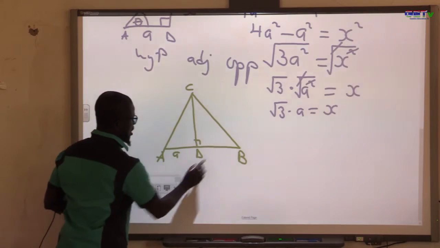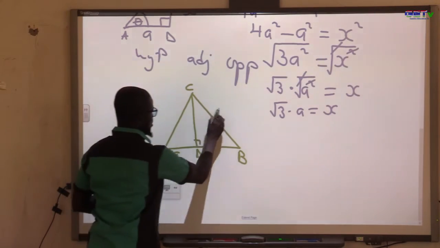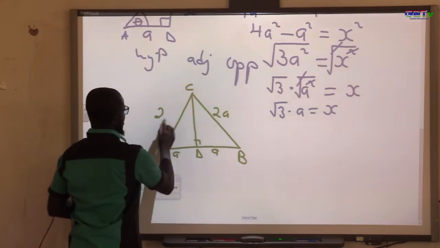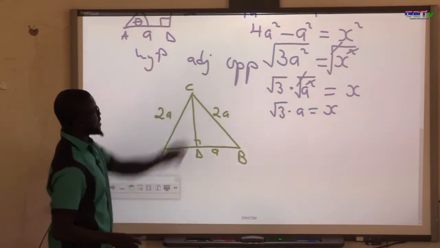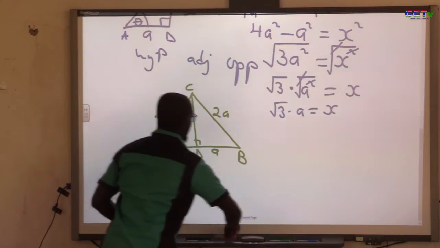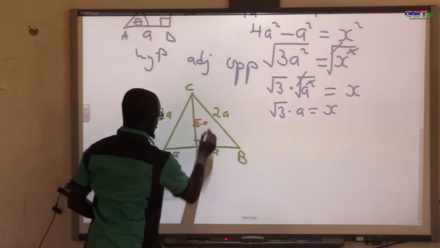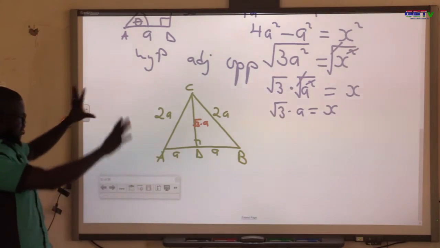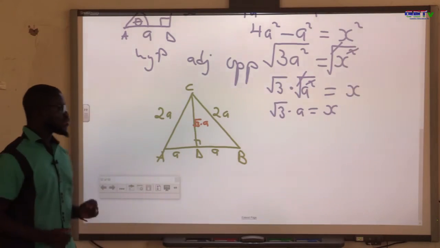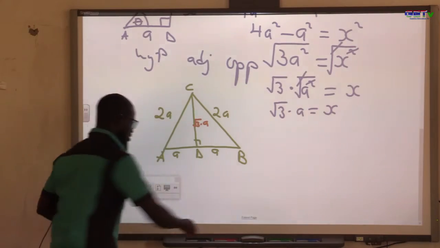This was A, and this side was given as A from what we calculated. We knew that this is 2A, and this was 2A. So the line that we calculated was line CD, and the answer we obtained there was root 3 times A. So we are able to get all the parts that will enable us to calculate the trig functions of 30 degrees and 60 degrees.